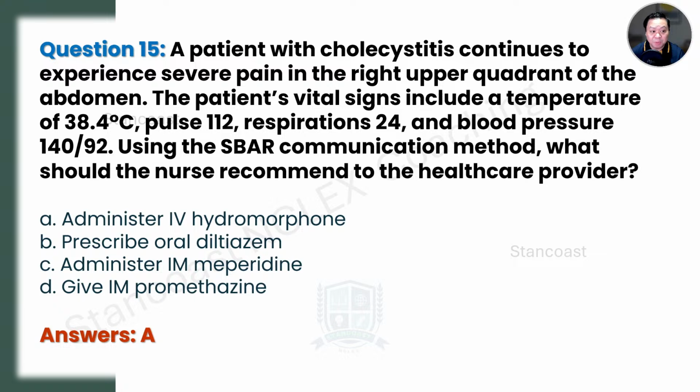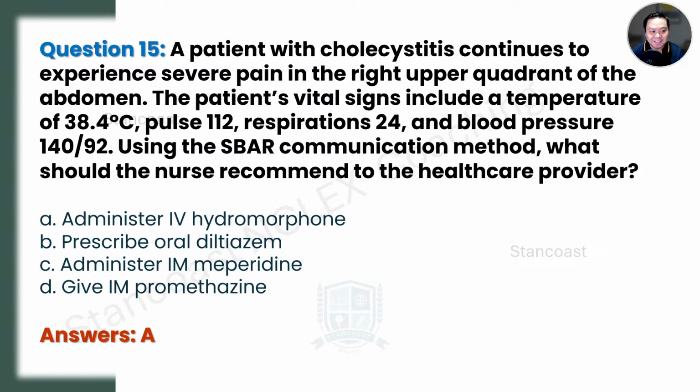Because our patient's vital signs are already out of whack. Look at all those elevated blood pressure, respirations 24, pulse rate of 112. These are signs of sympathetic stimulation caused by the pain.